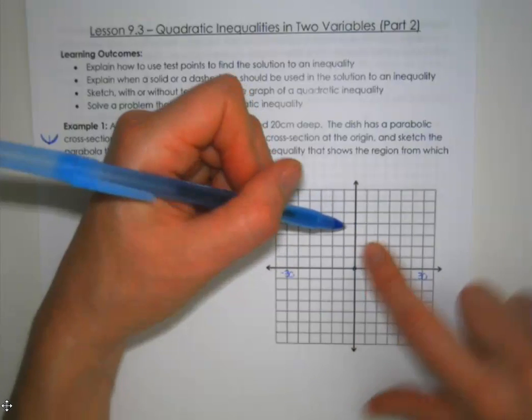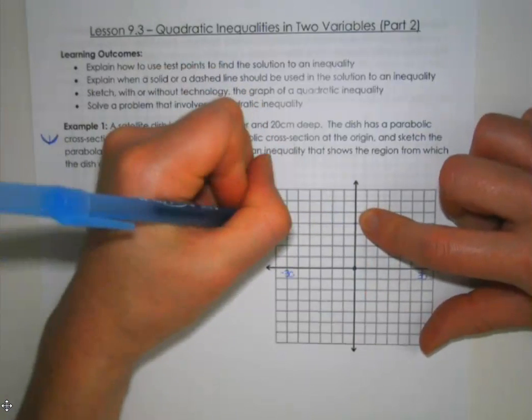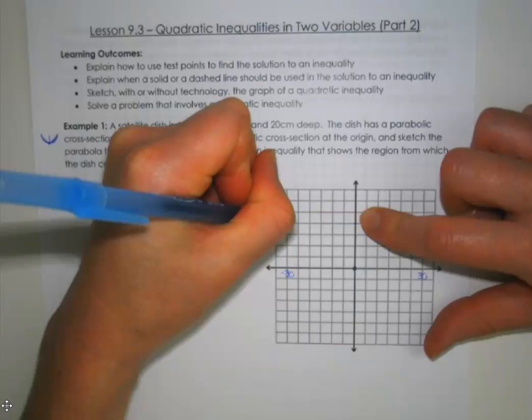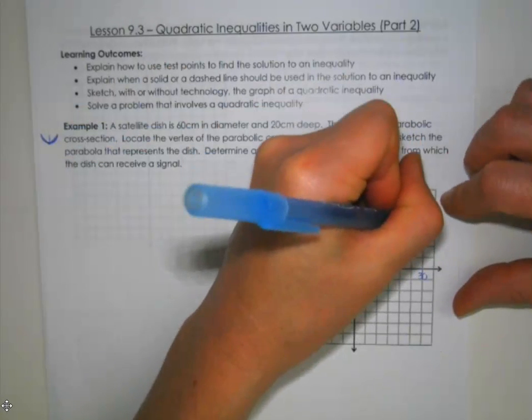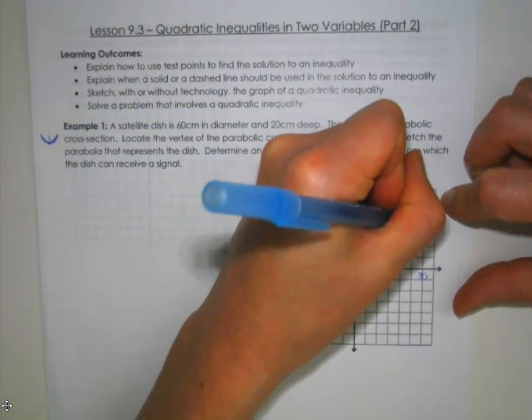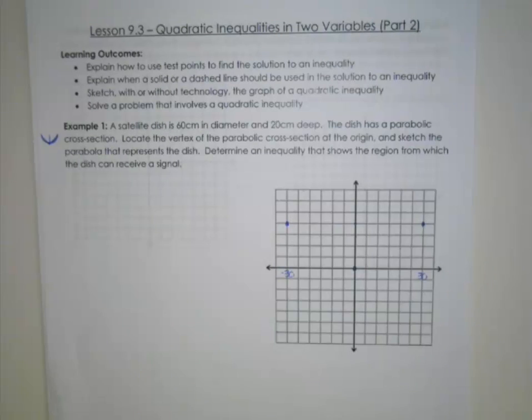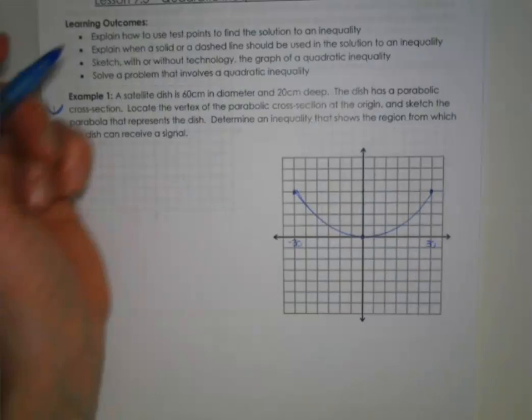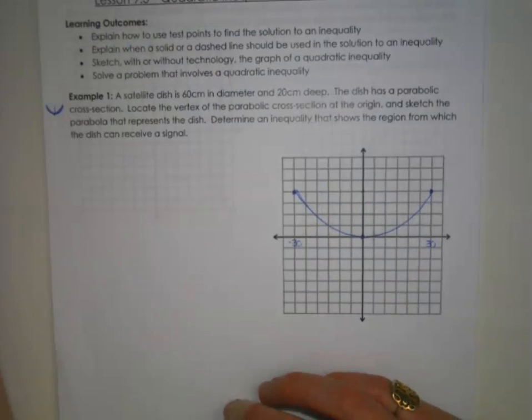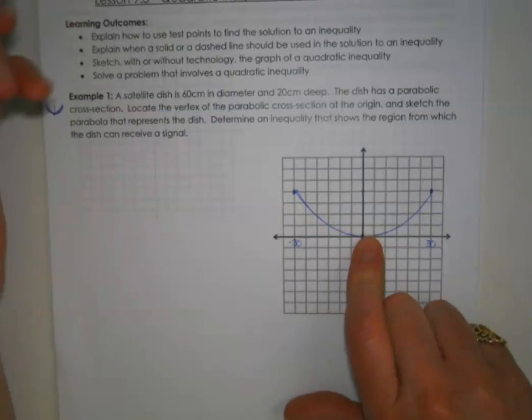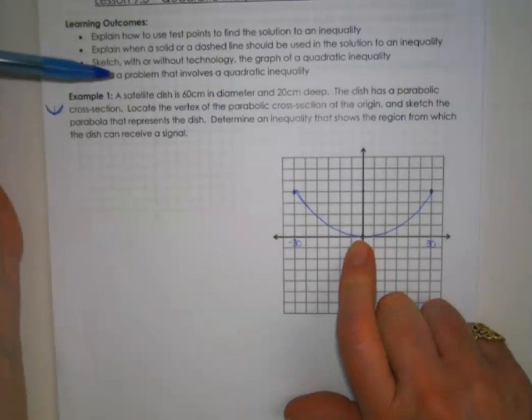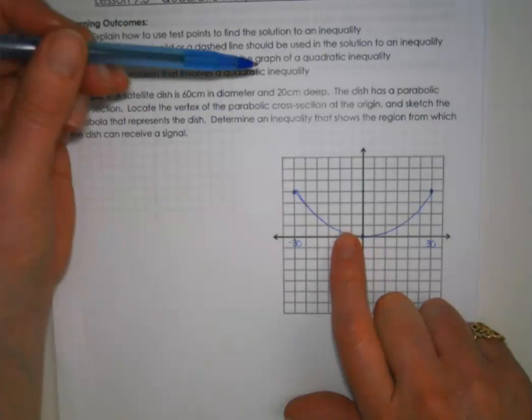And so we just want to find the coordinates for each end point of the dish. Then I will just sketch in a parabola. I didn't want to make you sit through the painful process of me trying to draw that because it's always hard.